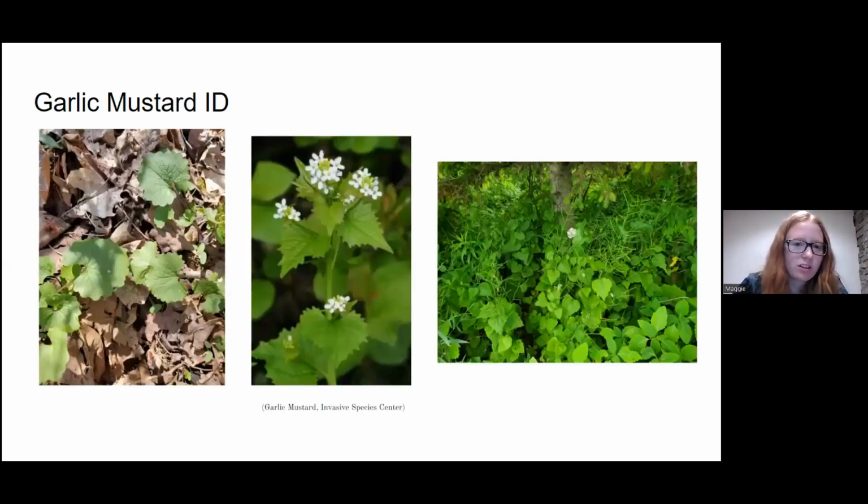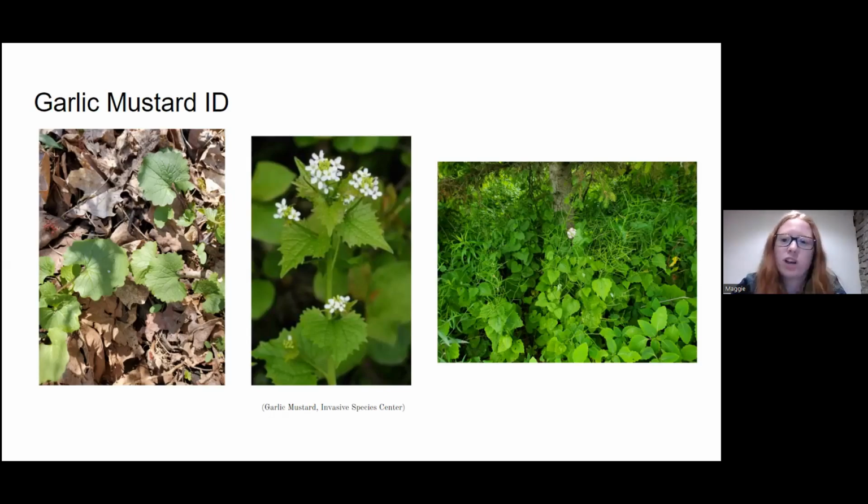And so these are the photos. On the left is the basal rosette. So it's much smaller. It's only the leaves that are present, and it has little toothed edges. And then the photo in the middle is the second year plant, where it has the flowers and the triangular shaped leaves that are very sharply toothed.